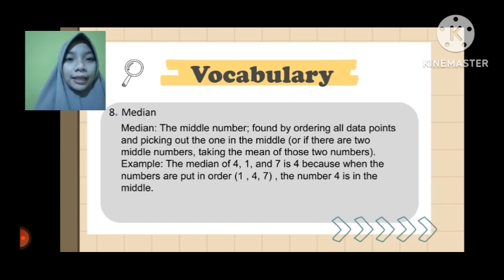8. Median. Median is the middle number found by ordering all data points and picking out the one in the middle, or if there are two middle numbers, taking the mean of those two numbers. For example, the median of 4, 1, and 7 is 4, because when the numbers are put in order, this is 1, 4, 7, the number 4 is in the middle.